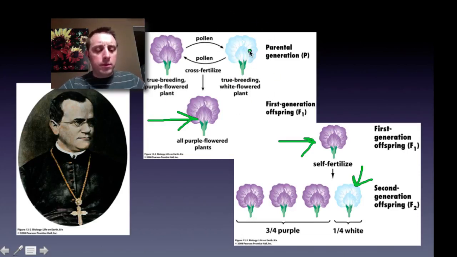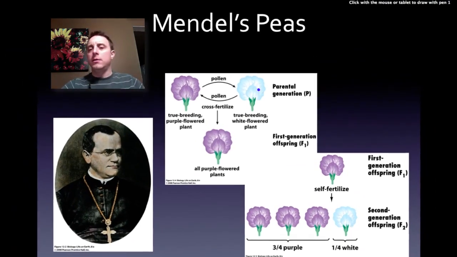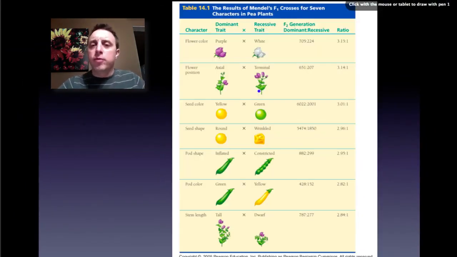Mendel studied a few different traits in his pea plants. Here's a list of the ones that he looked at: the dominant trait listed here, the recessive trait listed here, and the numbers that he got for the F2 generation.